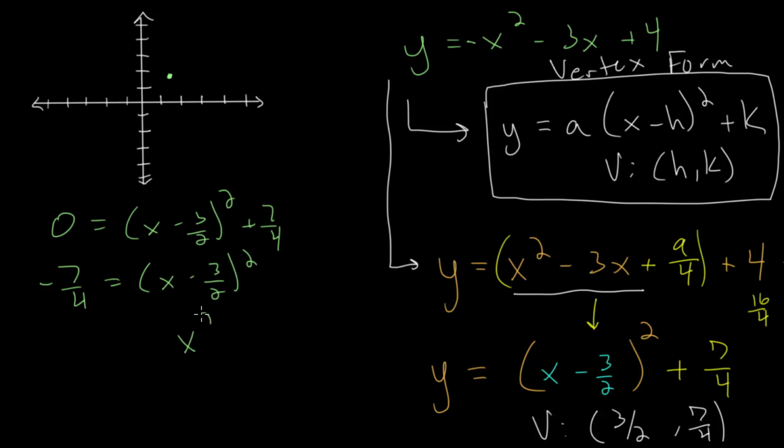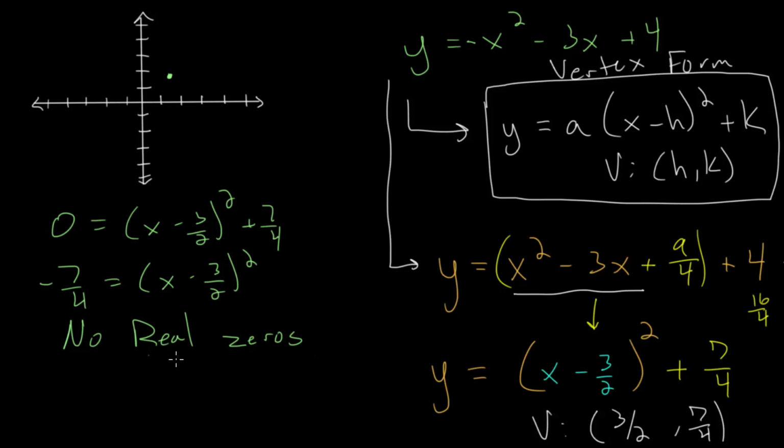When something is squared, it is always bigger than or equal to 0. So this expression can never be negative, meaning that there are no real solutions to this. In fact, if we wanted to solve this, we would get imaginary solutions or complex solutions, and that just means that the graph doesn't cross the x-axis. So we can ignore that. We can say that we have no real zeros.